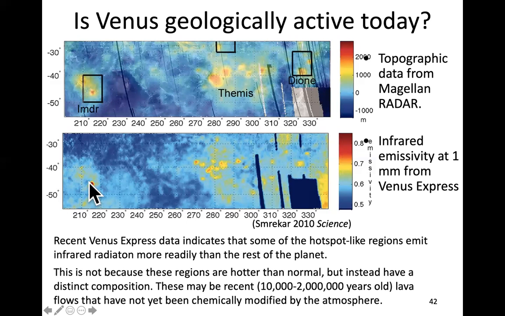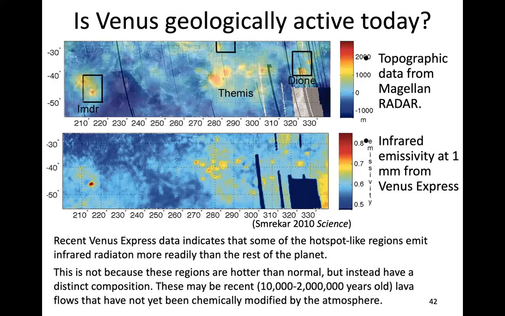So regions like this are at high altitude and emit differently. That's not because they're hot, they're actually cooler than normal, but it implies they have a slightly different composition, which might be because they haven't been in the atmosphere as long and so haven't fully equilibrated yet.